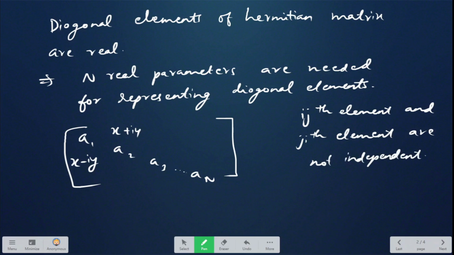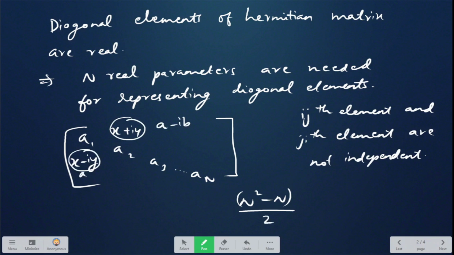Now in an n cross n matrix, there are n square minus n off diagonal elements. Half of them are not independent, half of them depend on the other half, which means if x plus iy is here, then this will be x minus iy. If here it is a minus ib, then here it will be a plus ib. So only half of them are independent.